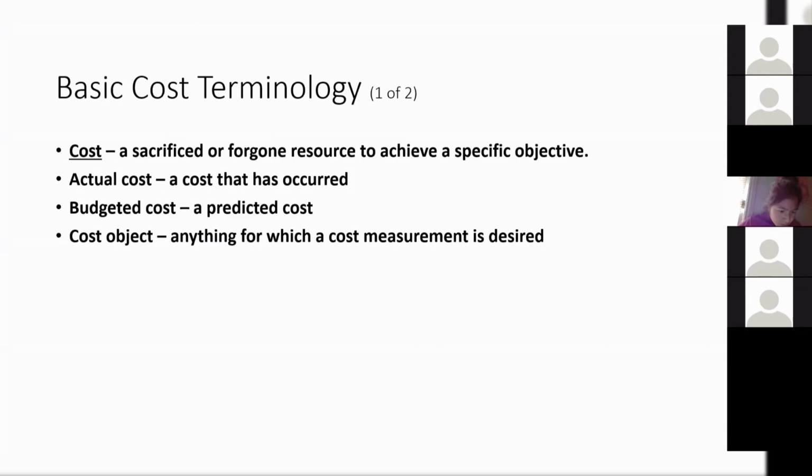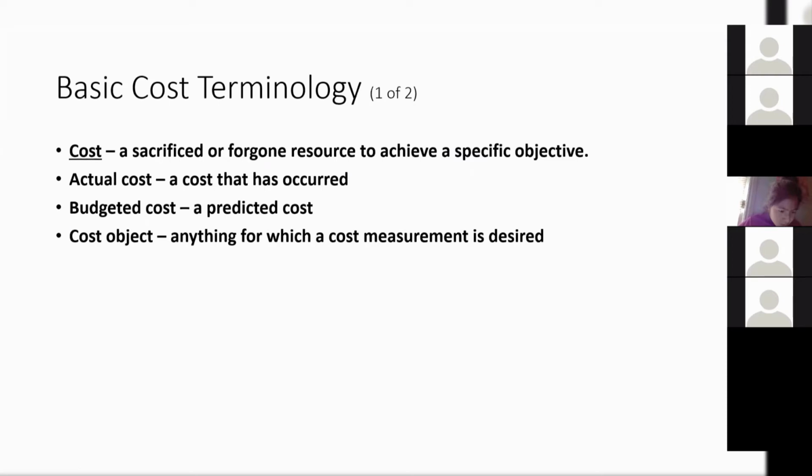All right, moving on. So here are some basic cost terms and their definitions. Cost is a sacrificed or foregone resource to achieve a specific objective. The actual cost is a cost that has occurred, whereas a budgeted cost is a predicted cost. And of course, in this class, we're going to deal a lot with budgeted costs.